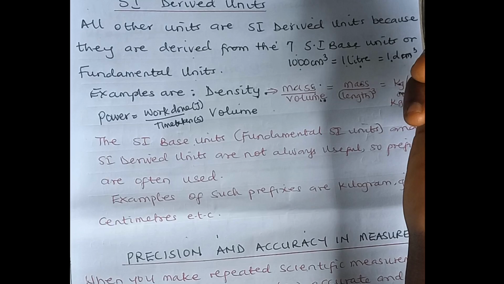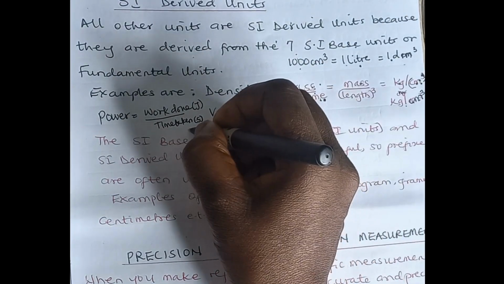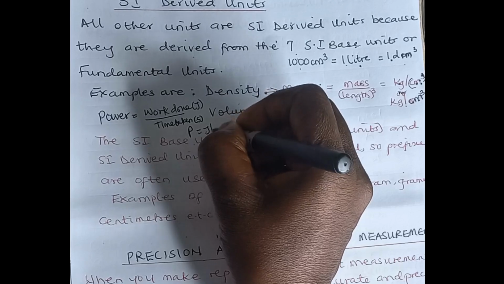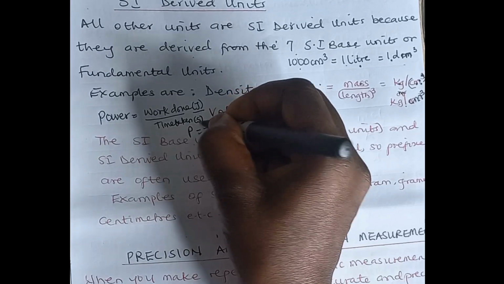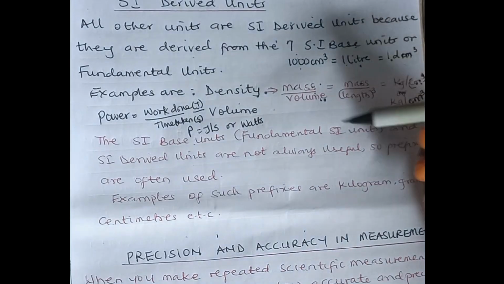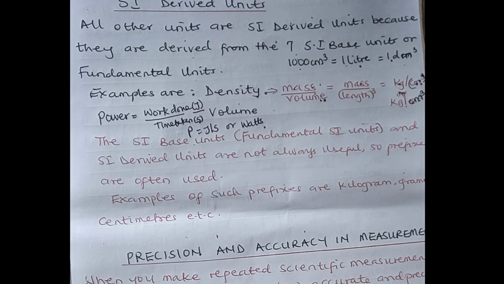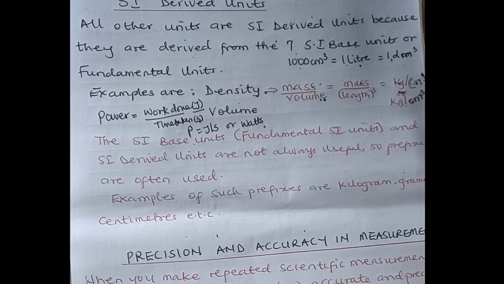Work done is a form of energy, and energy is measured in joule. So the unit of power is joule per second, joule over second, or watts. All these are derived units. We have other examples like molar concentration, which you are going to use in your titration.